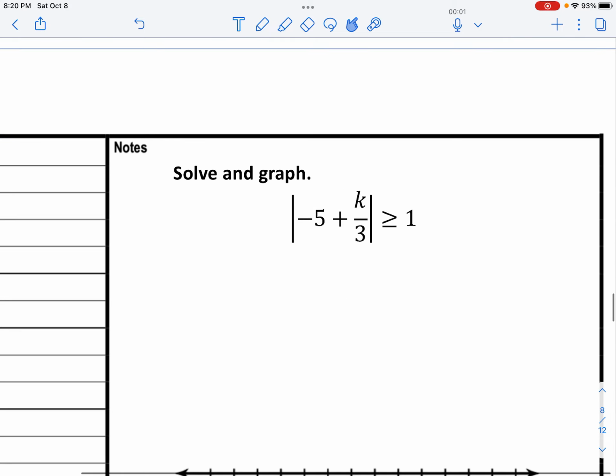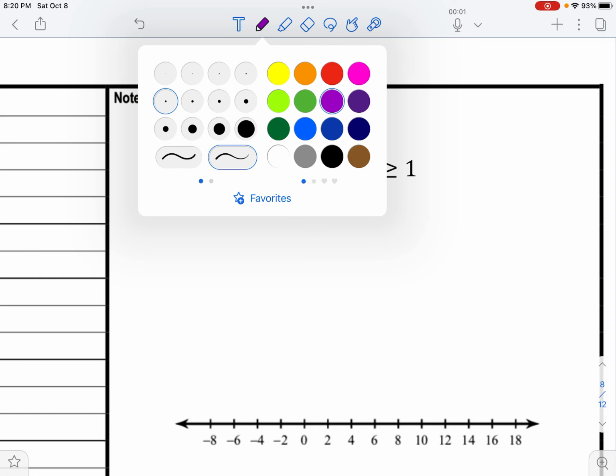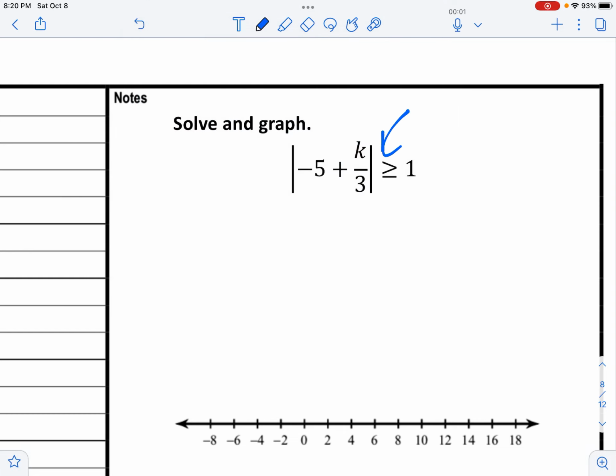Okay, so this one, absolute value, again, already isolated, so we can create our 2 cases, but you'll notice this one is a greater than or equal to, so that means it should act like an "or", where you just put them both and they should diverge or go away from each other. So I can write my first case.